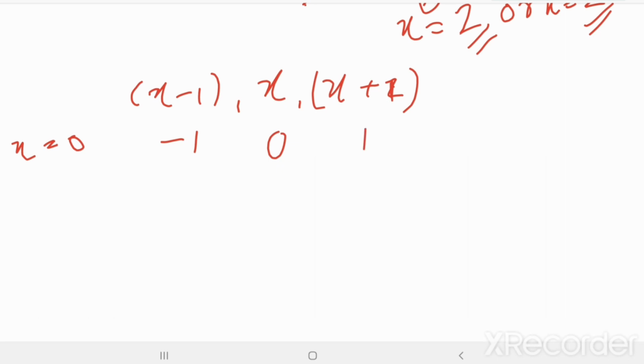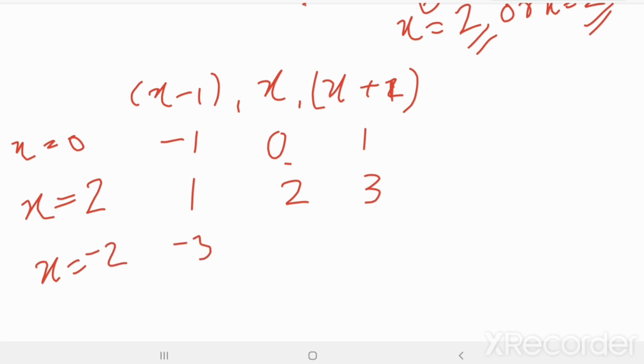Their sum equals 0 and their product equals 0. When x equals 2, here 1, then 2, then 3. When x equals minus 2, here it is minus 3, minus 2, and minus 2 plus 1 equals minus 1. So there are 3 such possibilities.